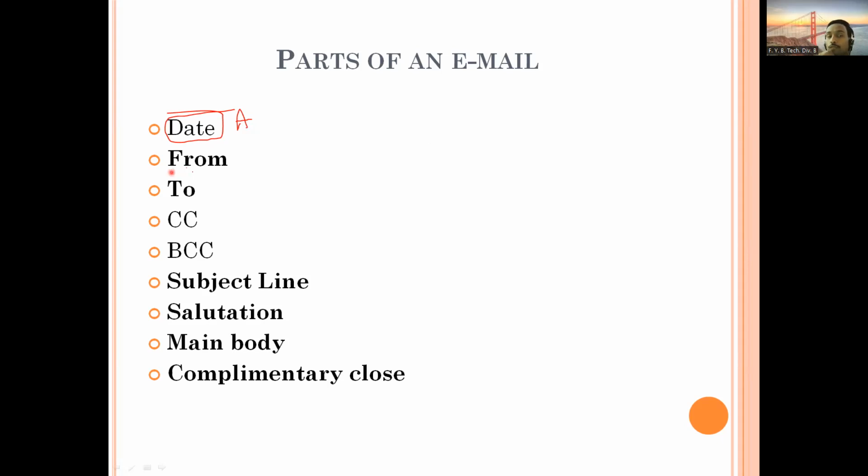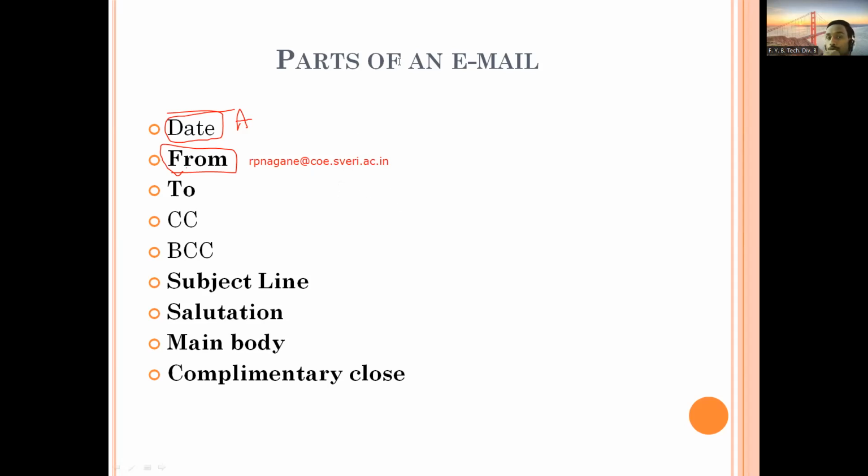Next, from. What will come here in from? The sender's email ID. For example, if I am the sender, my email ID will be here. So this is what will be in from; it will be your own email address.